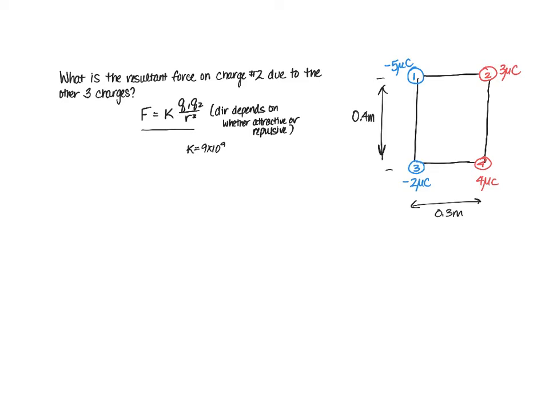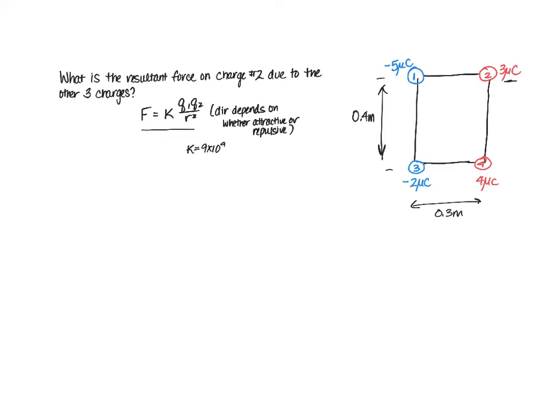Now, the force between two charges can either be attractive or repulsive, because we know opposites attract and like charges repel. And that's where something tricky happens when we're doing a problem like this, because the first thing we're going to do is draw vectors on our diagram to represent the force that this 3 microcoulomb charge feels due to each of the 3 other charges.